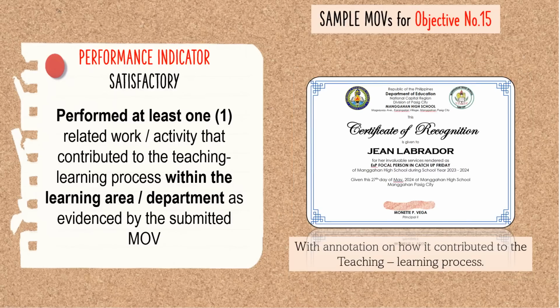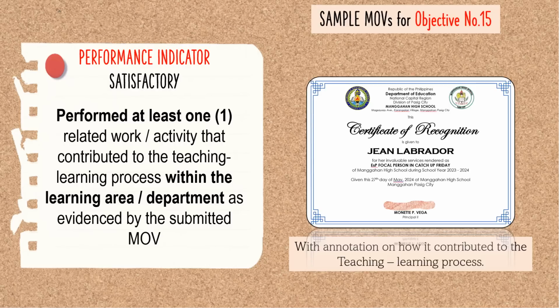Kung halimbawa si teacher ay chairman ng technical working group kapag may activity sa kanilang department or siya ay chairman ng technical working group sa LAC session or siya ang focal person ng department sa Catch-up Friday or siya ay resource speaker during LAC session, ang kanyang magiging rating for this objective sa quality ay satisfactory.